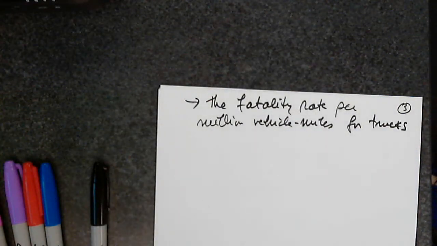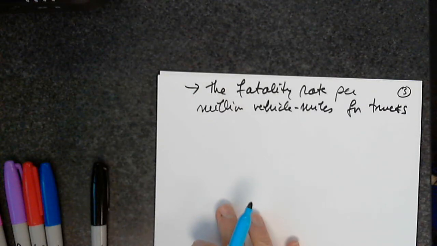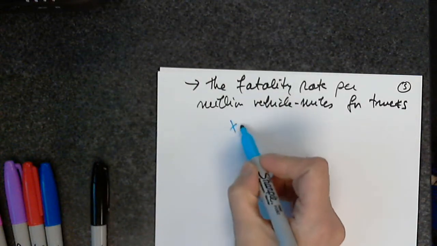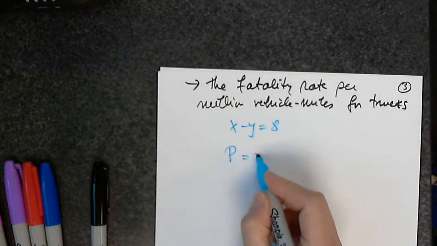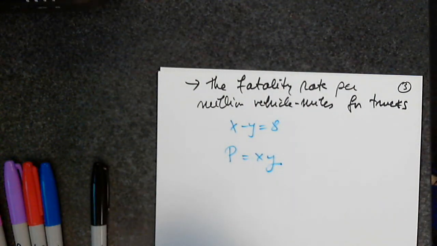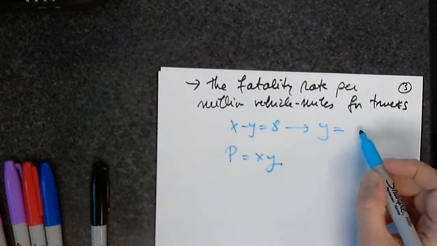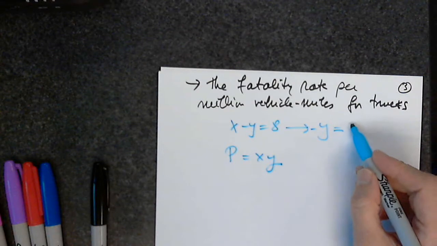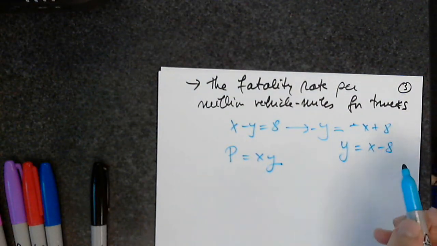Find the function that represents the product of two numbers that differ by 8. So two numbers that differ by 8, and their product is this. I will solve this equation for y. So I get negative y equals negative x plus 8 and multiply by negative 1 to get this.